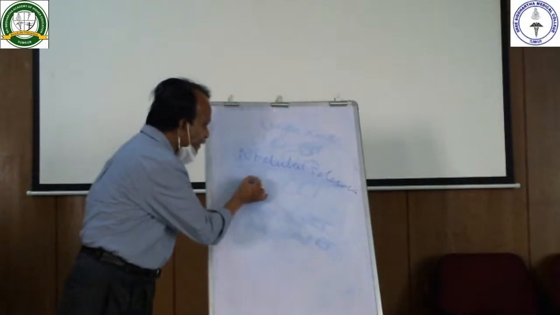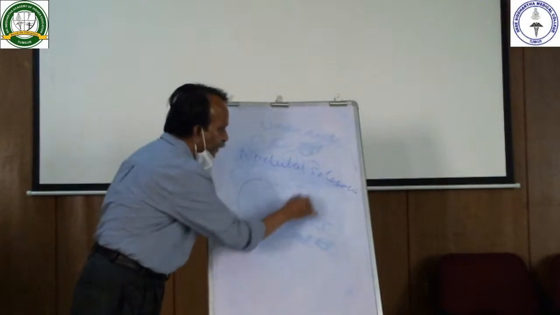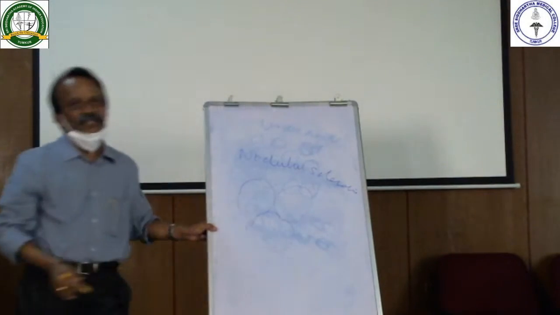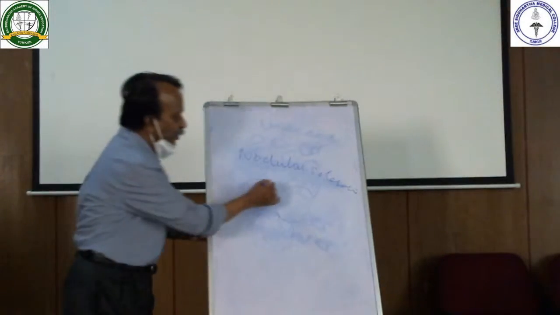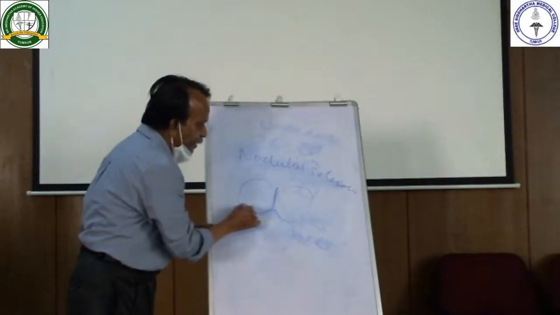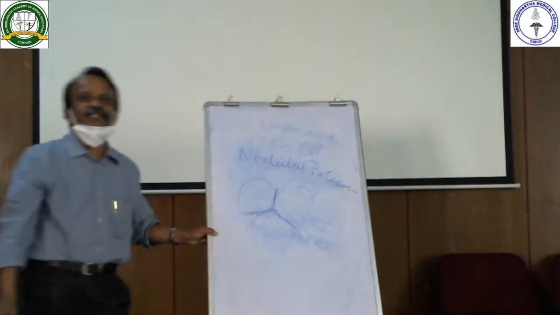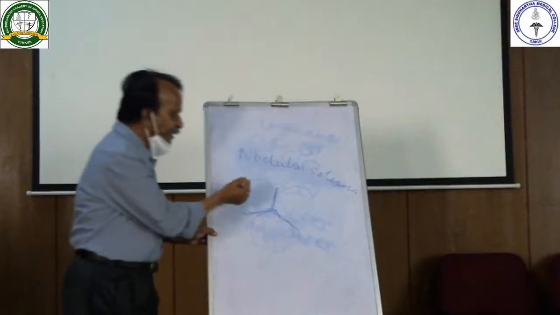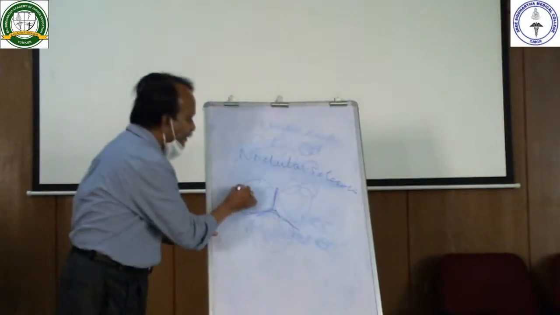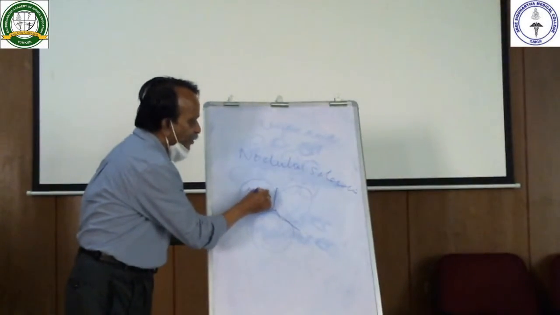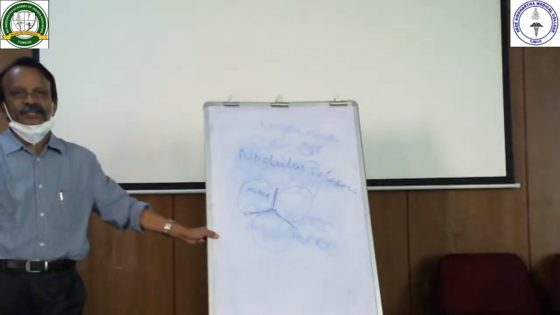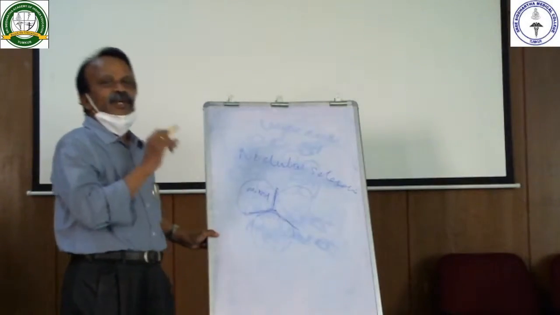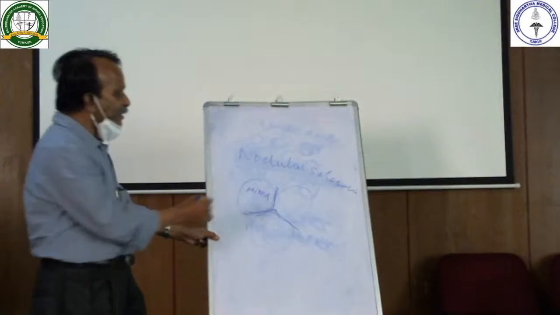These nodules are separated by broad bands of fibrocollagenous tissue septae, and in the individual nodules we see a mixed cell population. What mixed cells?